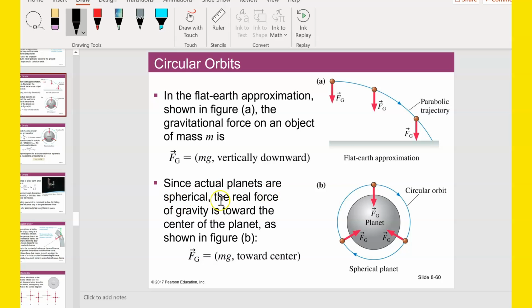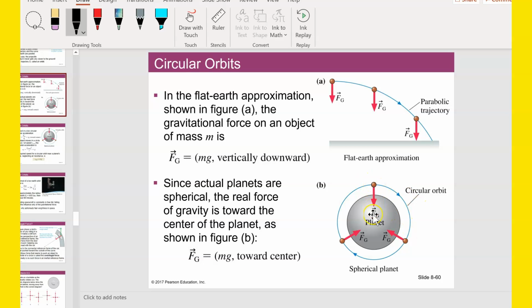Since actual planets are spherical, the real force of gravity is toward the center of the planet. So Fg here always points down toward the center of the Earth, but if we took the curvature of the planet into consideration, Fg would slightly change its direction, right? Because in order to point toward the exact center of the planet, Fg would have to slightly change its direction as it goes, in order to continually point toward the center, which is what this shows.